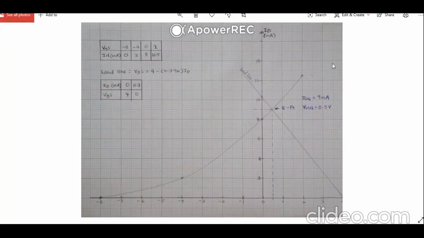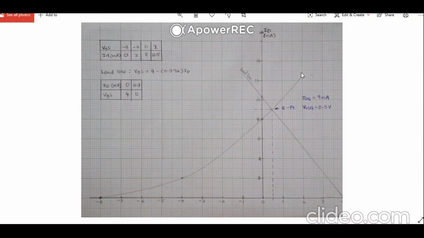This is the graph, where the x-axis is VGS and the y-axis is ID in milliampere. So we just have to plot the graph by referring to the table just now. I have put it here: at negative 8 VGS, ID is 0, at negative 4, ID is 2, at 0 VGS, ID is 8, and lastly at 2 VGS, ID is 12.5.